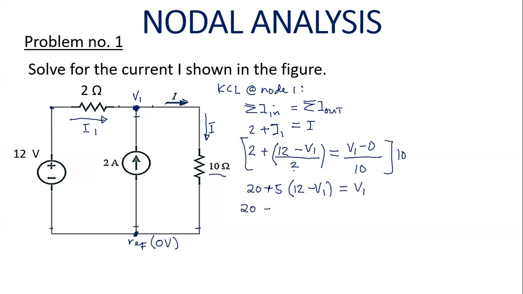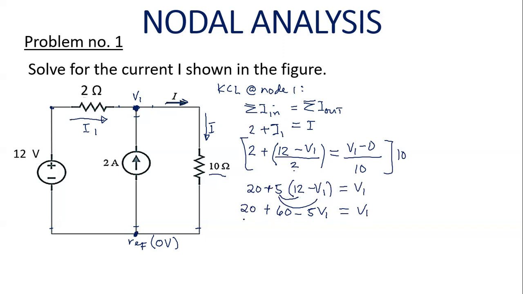Then simplify the equation and distribute the 5 to each term inside the parentheses. So you have 5 times 12, that's 60, then minus 5 V1 equals V1. Then we'll separate the variables from the constants.